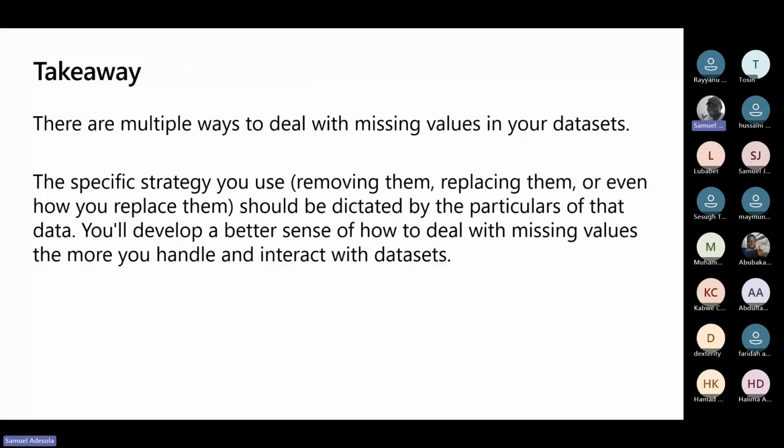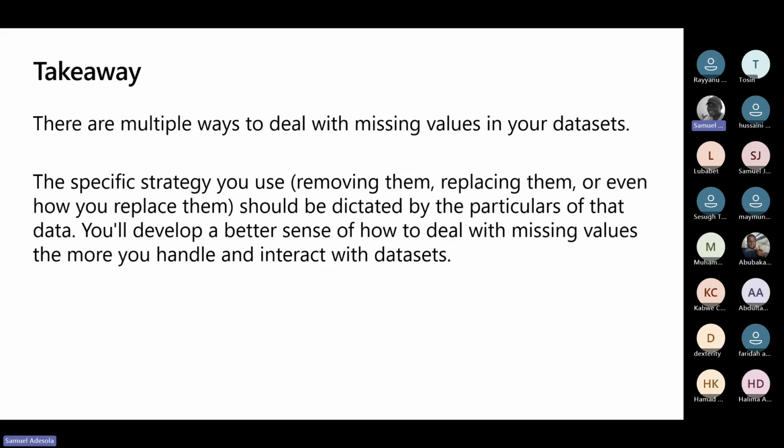So the key takeaway I want us to take before going to the practical session is that there are multiple ways of dealing with data when it comes to preparing the data for analysis. Sometimes if you have cases of duplicates, you can choose to remove the duplicates. If you have missing data, you can choose to remove it, or you can choose to fill it with a particular number.